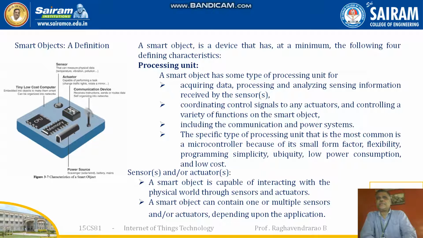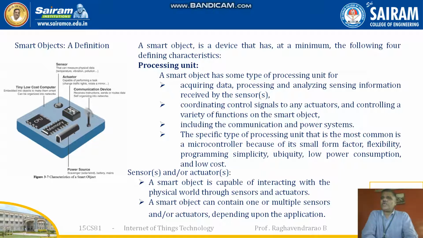A smart object is a device that has a minimum of the following four defining characteristics. One is the processing unit, where the smart object has some type of processing unit which acquires the data, and processes and analyzes sensing information received by the sensors. That is an essential thing.